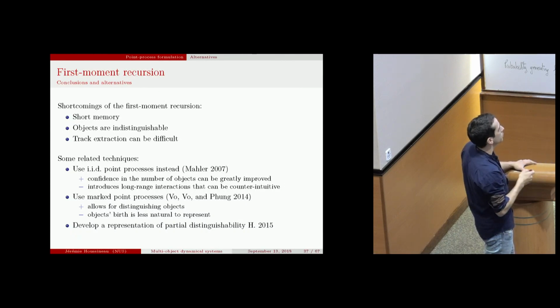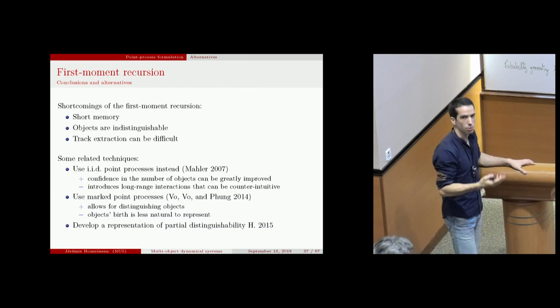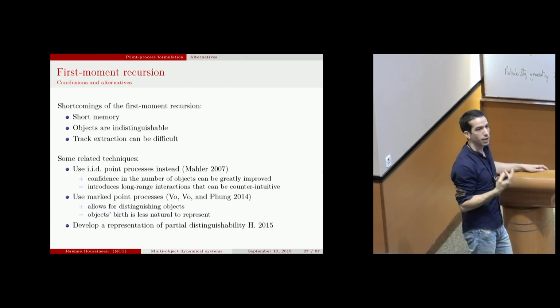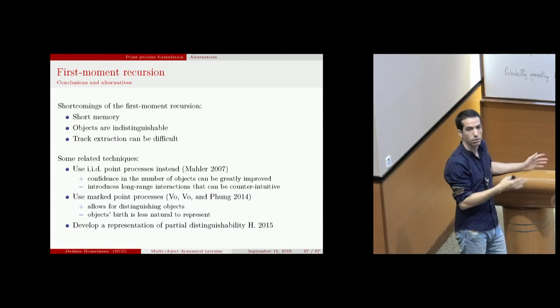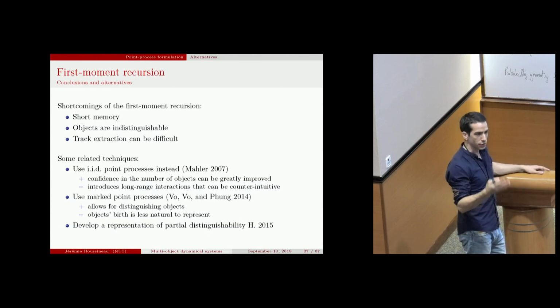But I have also been working on some other things in my thesis. I'm not going to talk a lot about it. I started from scratch and tried to have representations with partial distinguishability. So there are things we're not able to distinguish, for instance things we've not seen yet, and other things we know we've seen and know they're there, and we can, for instance, know their trajectory.